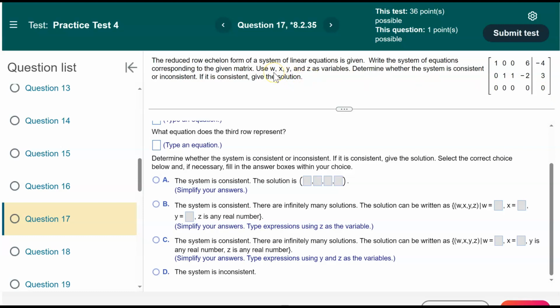Use the variables w, x, y, z, because you have 4 columns here, and then determine whether the system is consistent or inconsistent. If it is consistent, then you give the solution.